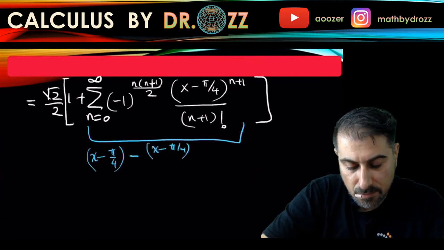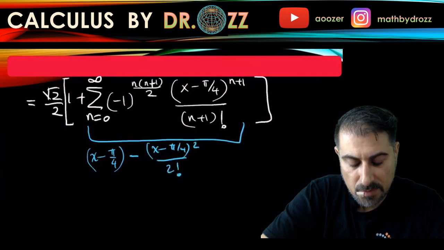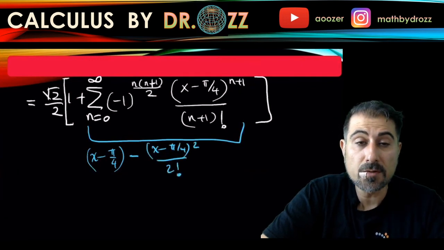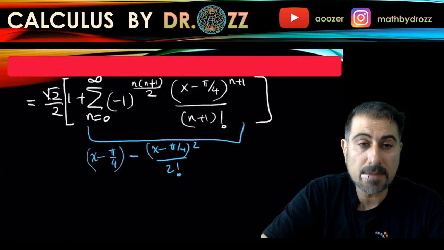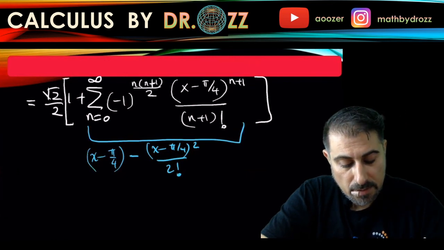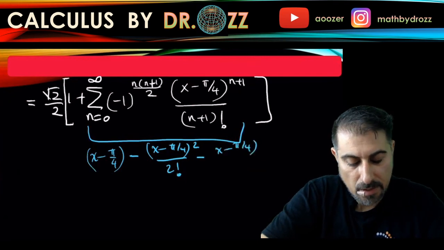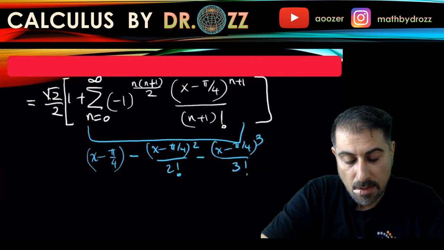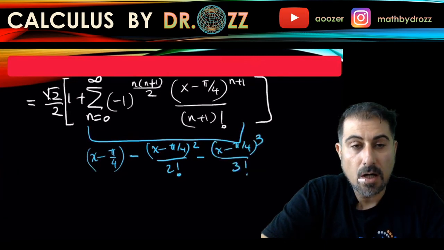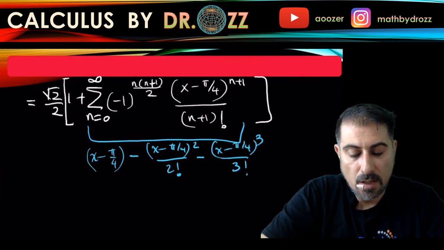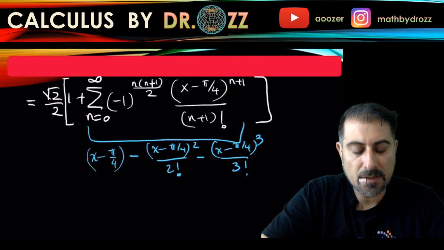And when n equals 2, it's 2 times 3 over 2, that's an odd power, so that becomes minus (x minus pi over 4) cubed over 3 factorial. Let's try n equals 3. 3 times 4 divided by 2 is 6, which makes it a positive term.